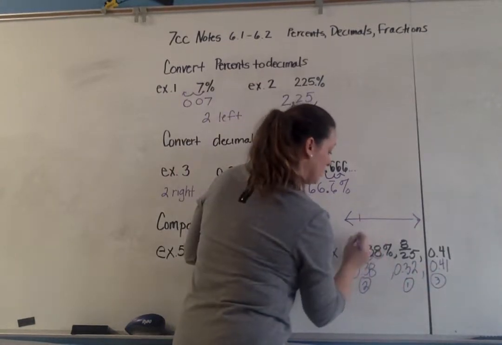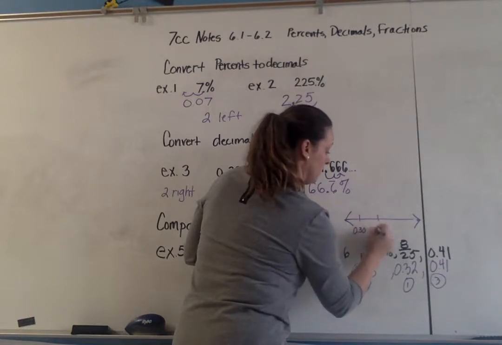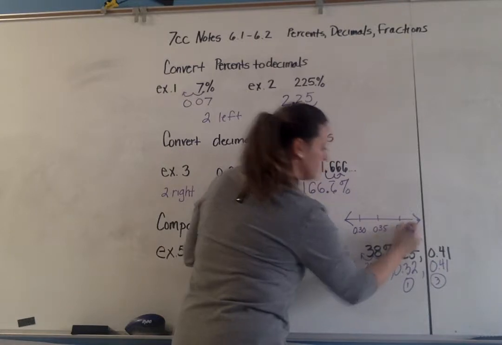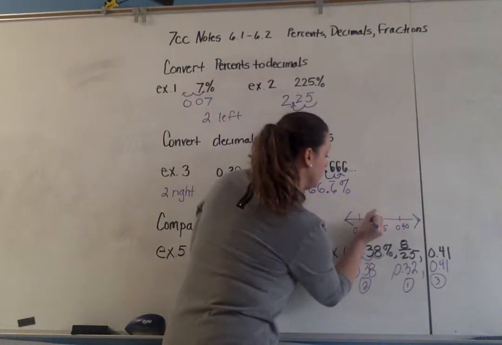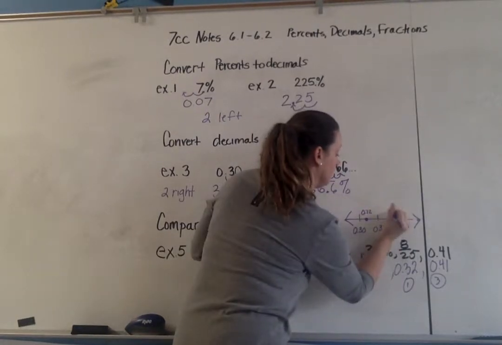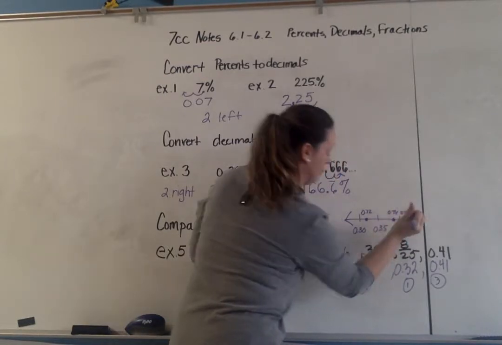And I may choose to say 30 hundredths, 35 hundredths, 40 hundredths. I may choose to do that and then indicate that this is 32 hundredths. I may indicate that that is 38 hundredths, and that is 41 hundredths.